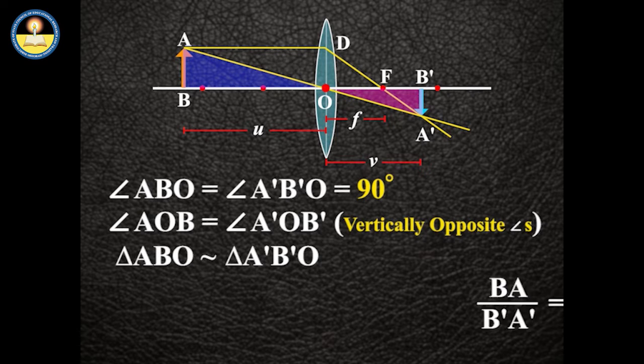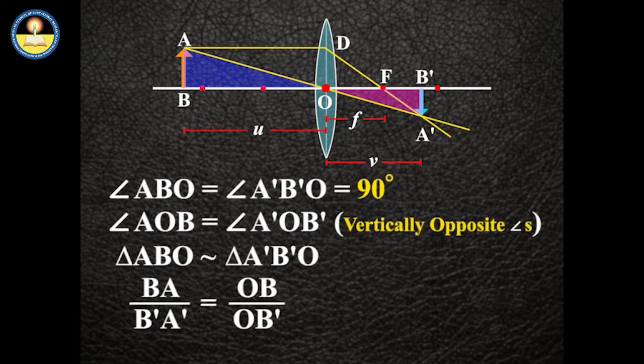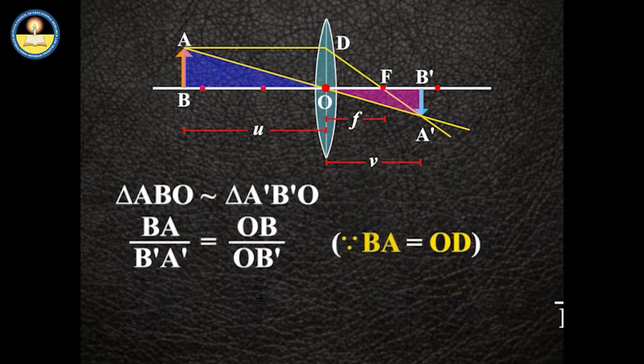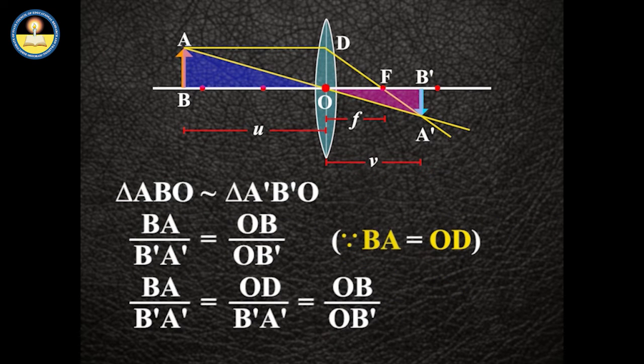Hence, the ratio of BA and B'A' is equal to the ratio of OB and OB'. Since BA is equal to OD, the ratio of BA and B'A' becomes the ratio of OD and B'A', which is equal to the ratio of OB and OB'.